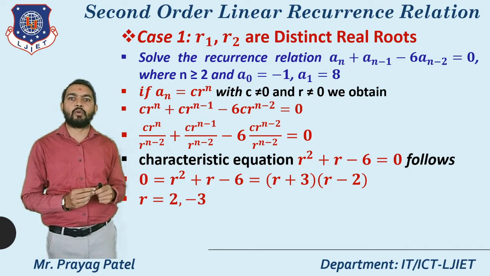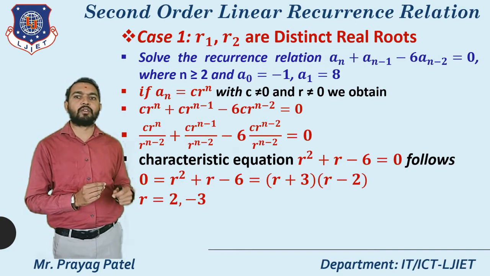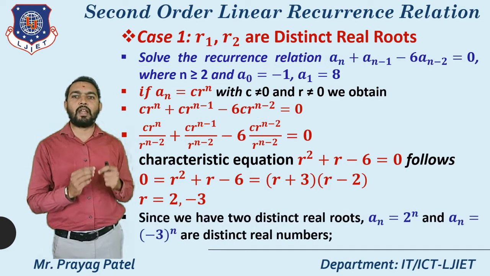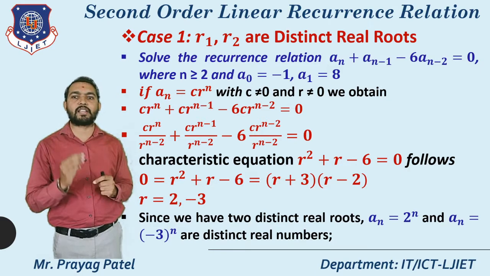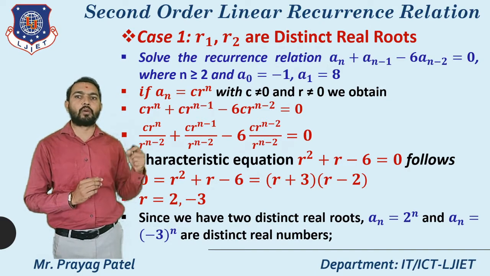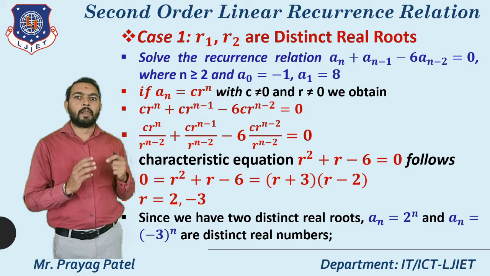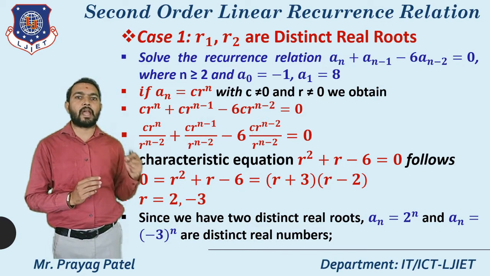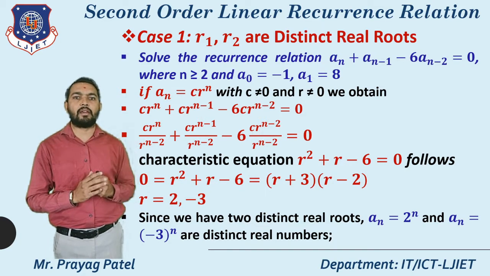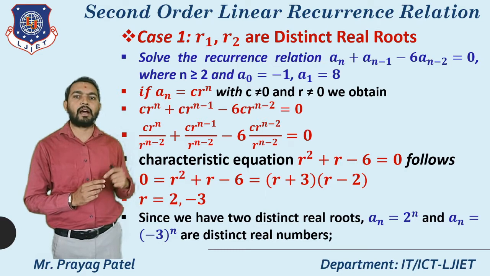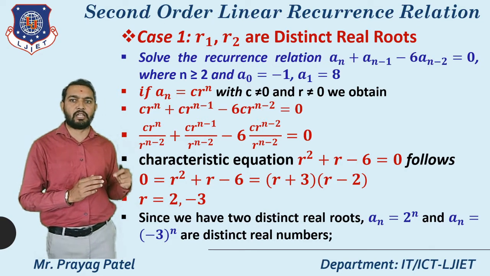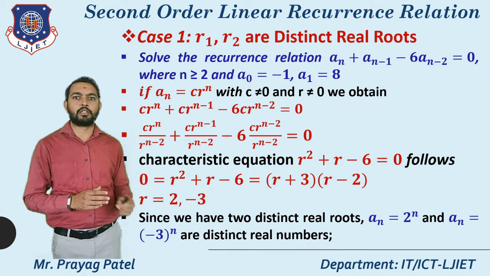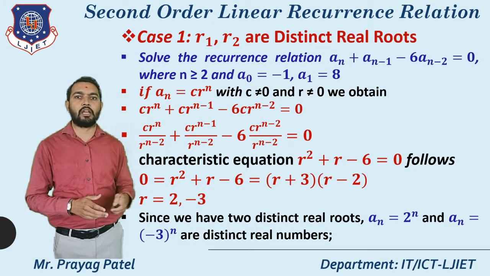So here r is equal to 2 or r is equal to minus 3. So our values of r1 and r2 are r1 equal to 2 and r2 equal to minus 3. So the distinct real roots give a of n equal to r1 raised to n, meaning 2 raised to n, and r2 raised to n, that means minus 3 raised to n. These two are considered distinct real roots.